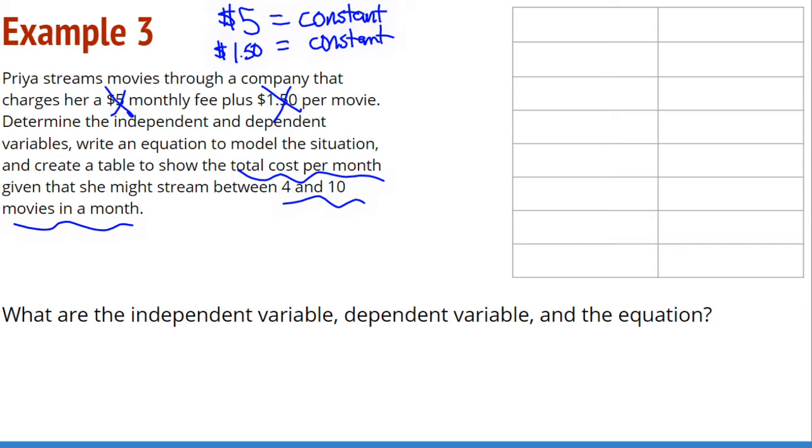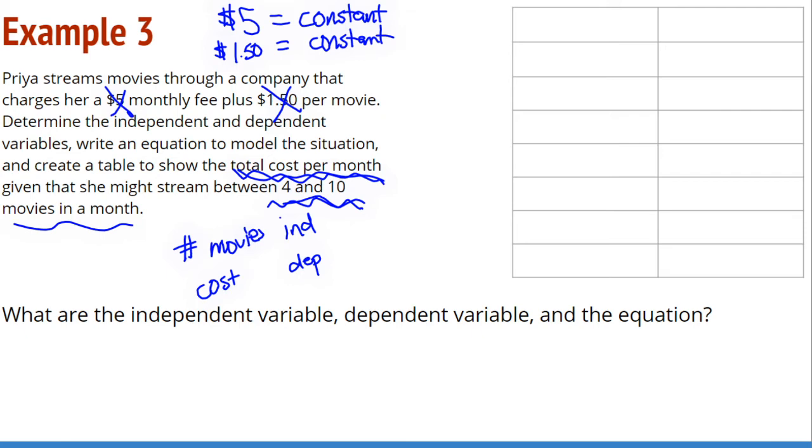So which one of these causes the other one to change? And I'm thinking that what happens is she watches different numbers of movies, and that changes how much she has to pay every month. So I feel like the number of movies is independent, and I feel like the cost is dependent. How much I have to pay every month depends on how many movies I watch.